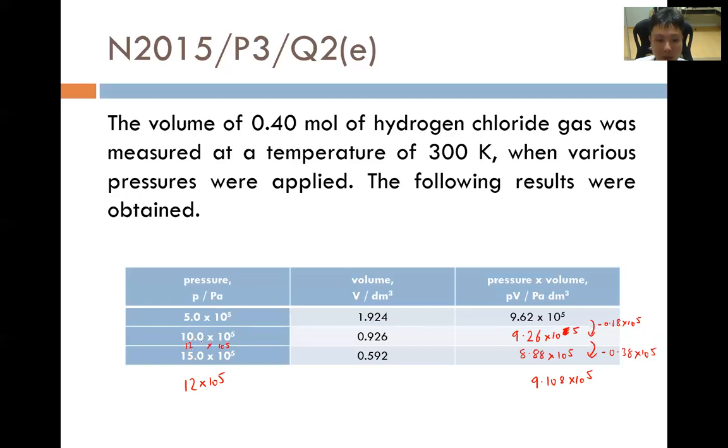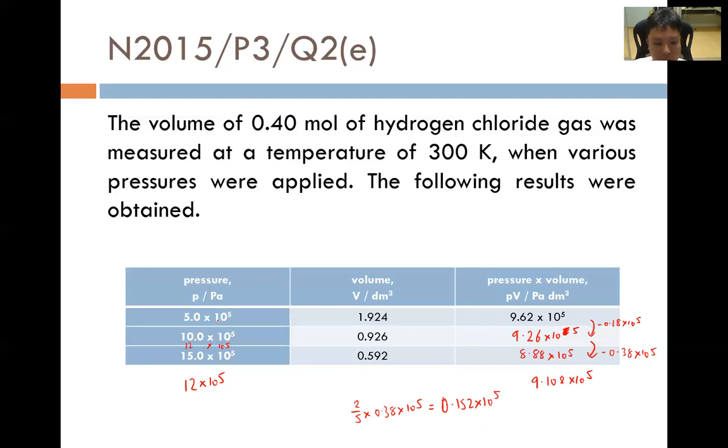So the amount that PV will change by is 2 over 5 times 0.38 times 10 to the power of 5, which is 0.152 times 10 to the power of 5.